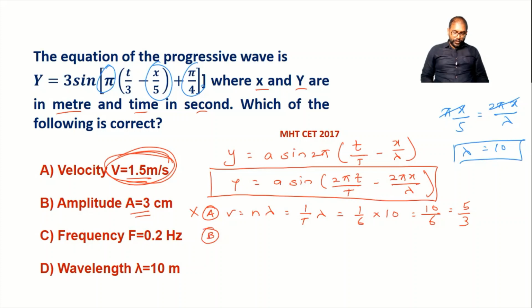Now with option B, you remember one thing here. This is a 3 and here it is written A, means amplitude. This is the progressive wave. So amplitude is 3.